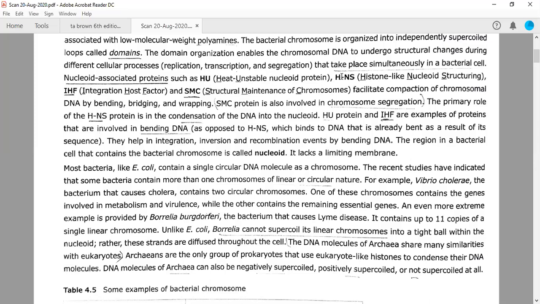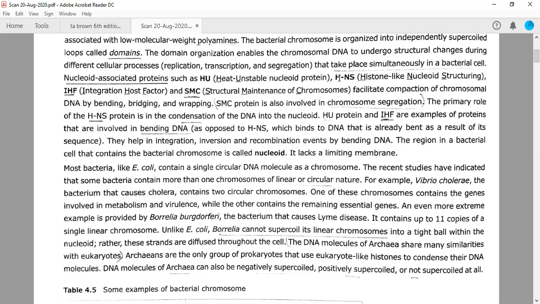Other proteins are also found, for example HNS, histone-like nucleoid structuring protein, and IHF, integration host factor, and the structural maintenance of chromosome, SMC protein, that facilitate the compaction of the chromosome.